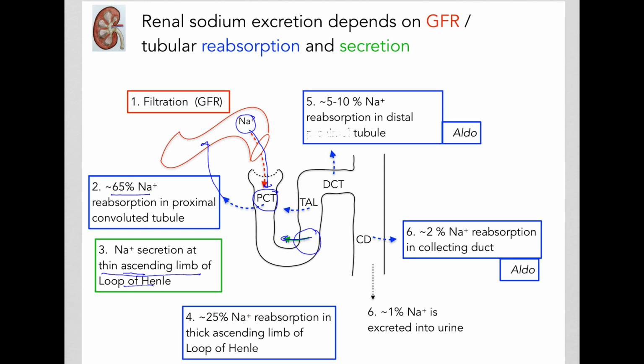Then in the thick ascending limb of the loop of Henle, TAL, about 25% of filtered sodium is reabsorbed back into the bloodstream. In the distal convoluted tubule, about 5 to 10% of the sodium is reabsorbed back into the bloodstream.